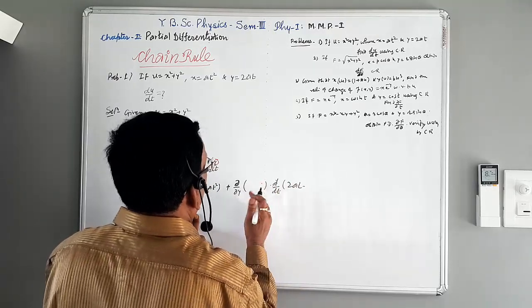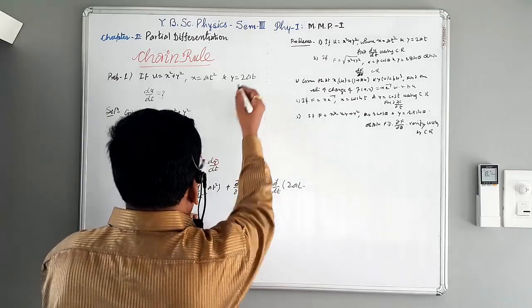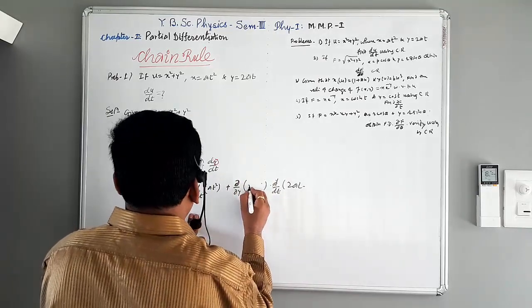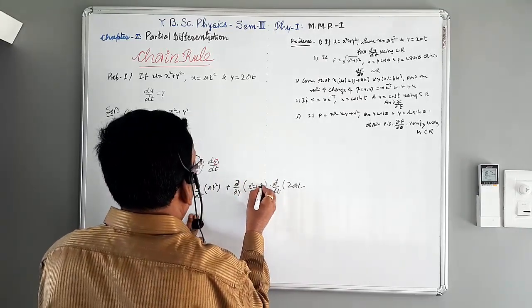Here by default I write this, but we have to write the value of u, that is x square plus y square.